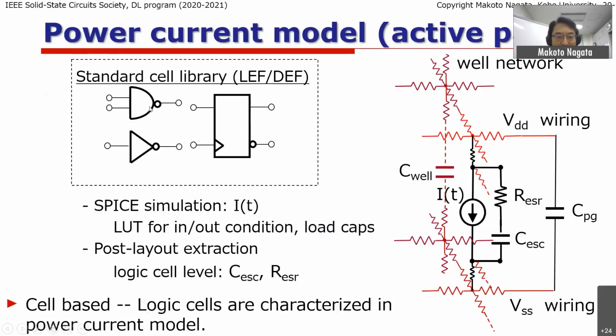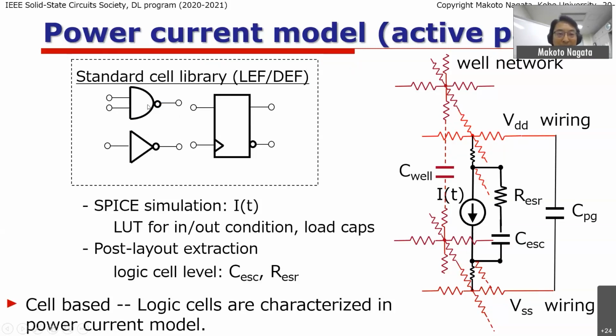Those cells can be pre-characterized in terms of the power currents flowing through the gates. In the gate operations, sometimes the output is going to 0, and sometimes the output is going to 1. The output value dependencies and also input value dependencies, the input to the output relation, can be represented by the truth table.